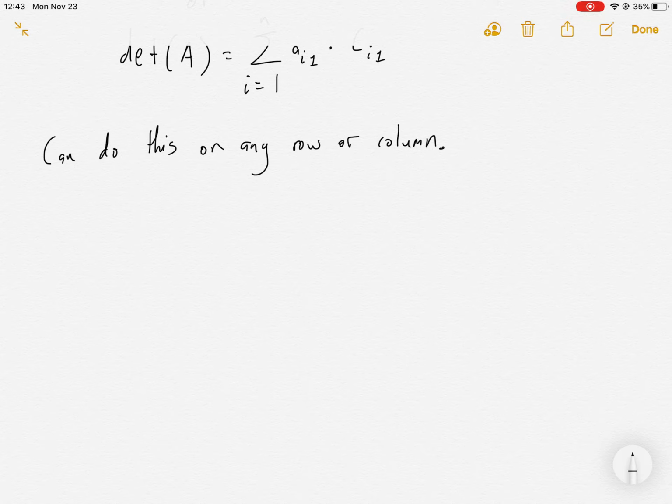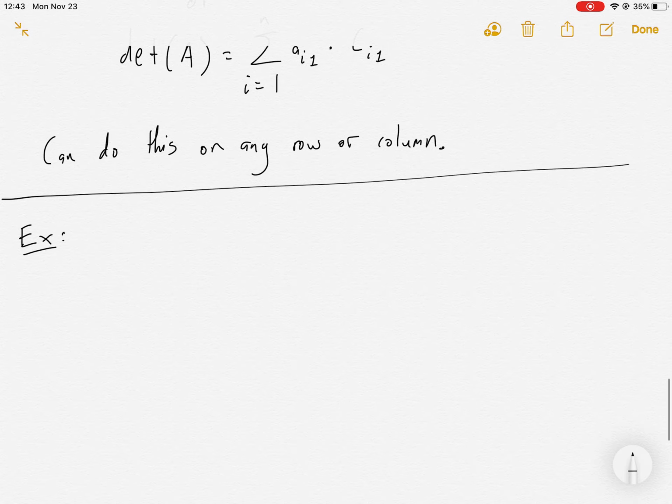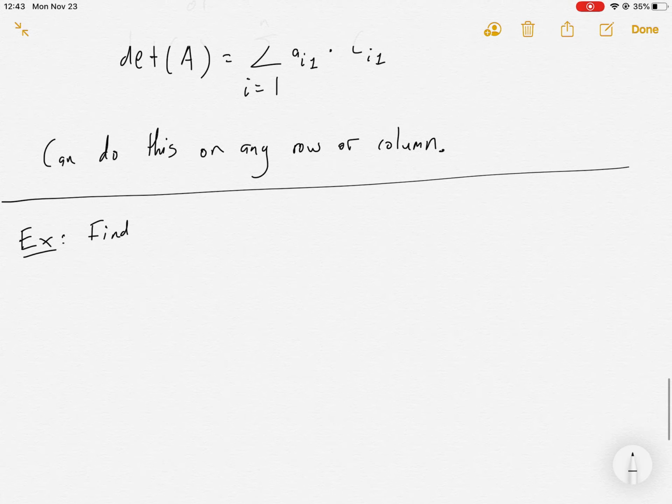And I think we'll stick with a 3 by 3 here. So let's go straight into an example. Find the determinant of the matrix we were just looking at. 5, 0, negative 3.